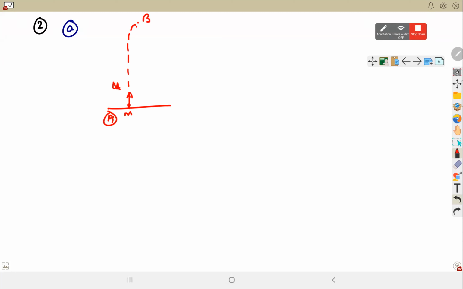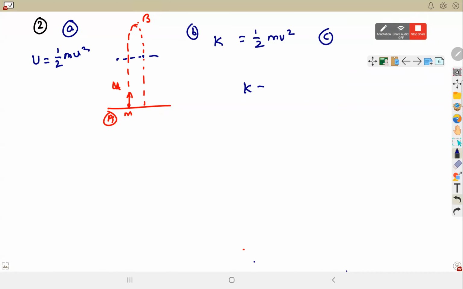Yes, absolutely. Whatever energy we have given it now in the form of kinetic energy, which is the second question, B part. Kinetic energy at the lowest point is half mv squared. At the maximum height, the same kinetic energy converts into potential energy, and at any point halfway through, the sum of kinetic plus potential energy always remains constant.